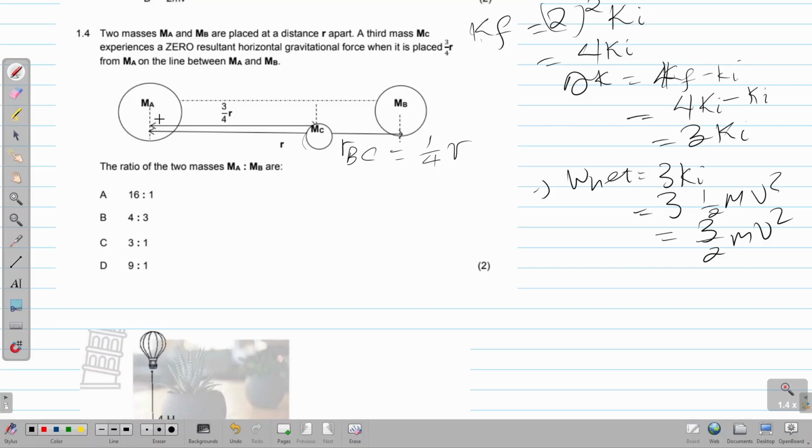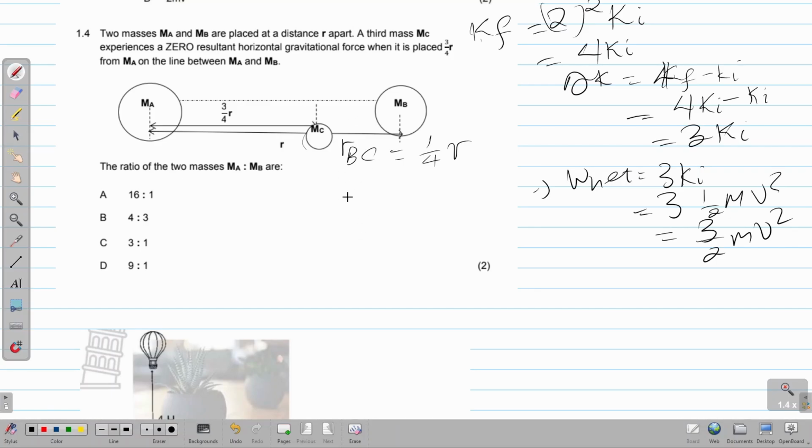If MA had the same mass as MB, then since MA is 3/4 r from MC and MB is a quarter r from MC, the force that A exerts on C would be 9 times smaller than the force that B exerts on C. So the fact that MC experiences a zero resultant force means the masses are definitely not the same.